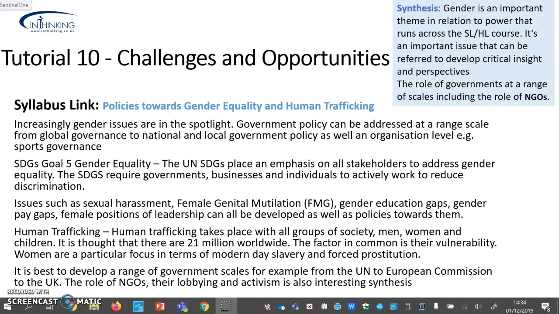But we should remember that human trafficking takes place for all groups in society, men, women, and children. It's thought that today there are around 21 million people worldwide that have been trafficked. What they all have in common is their vulnerability. We must put the emphasis back on women at this point in time.